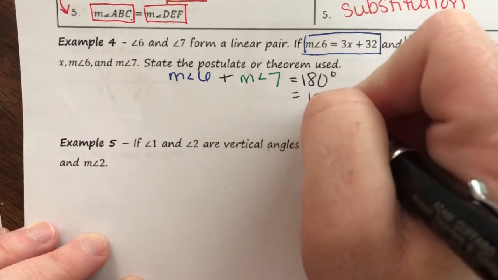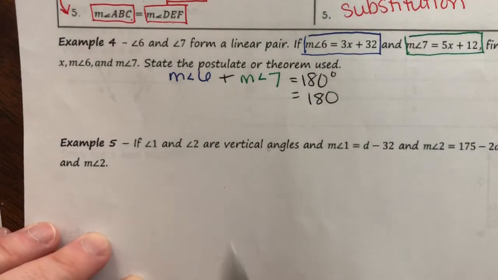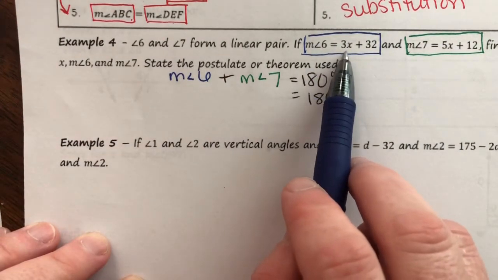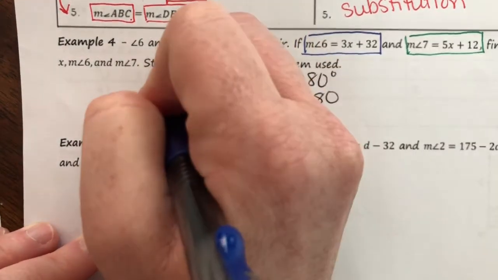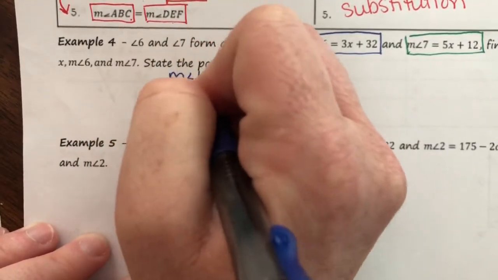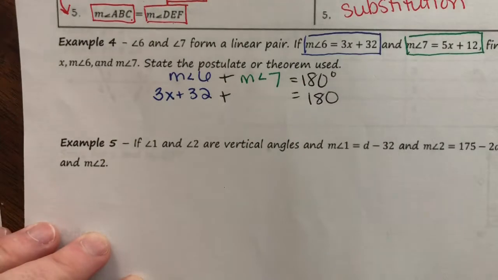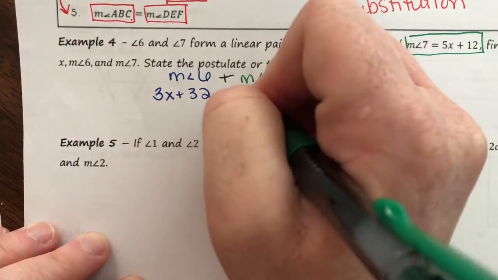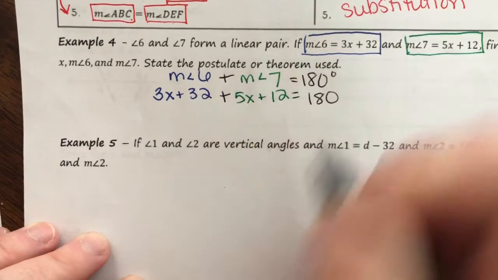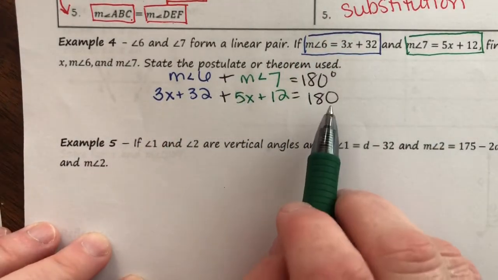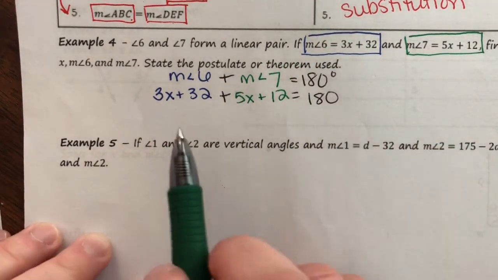I'm going to leave that the same, but I'm going to replace the measure of angle 6 with what it's equal to, 3x plus 32. And then I'm going to add that to the measure of angle 7, which it says is 5x plus 12. So now I've got my equation. Now I can solve for x, right?